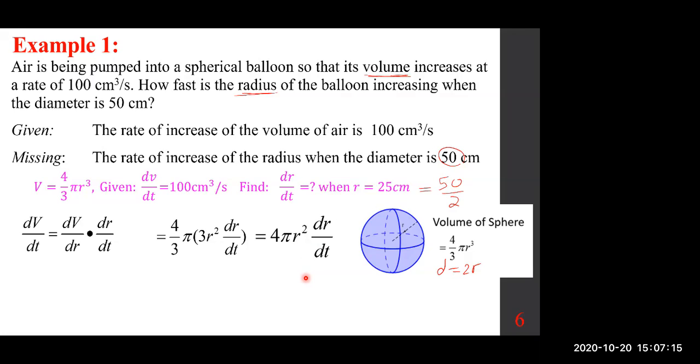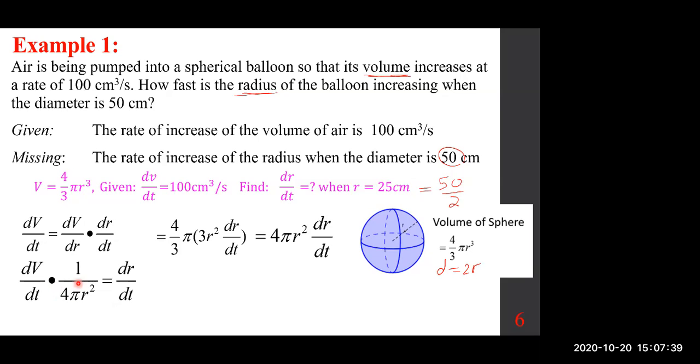How do you solve for dr/dt? We divide both sides by 4 pi r squared. Division by 4 pi r squared is the same as multiplying by 1/(4 pi r squared). So one more time, dividing both sides by 4 pi r squared, it goes away on the right side, and the left side is 1/(4 pi r squared) times dV/dt. I hope you realize this is just division, right?